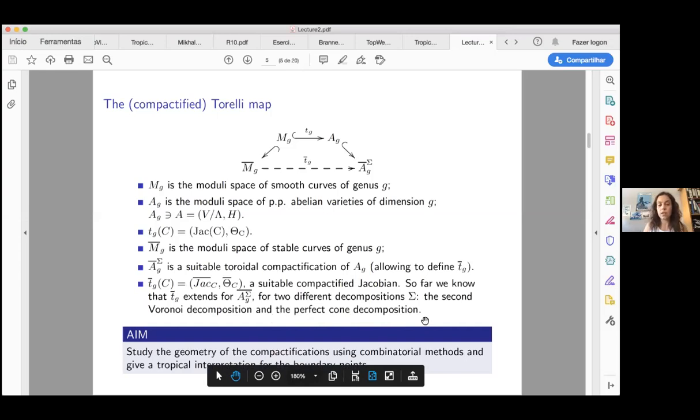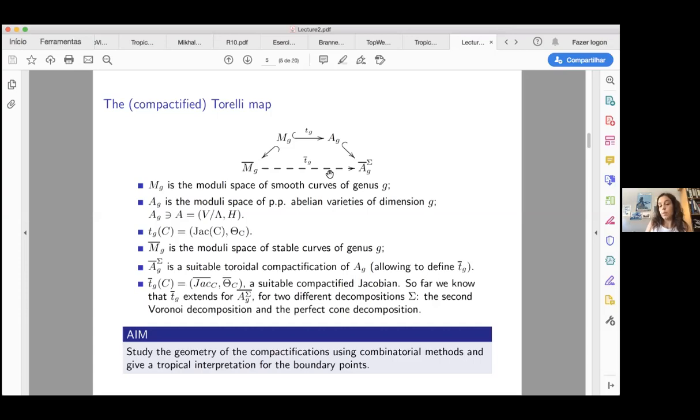The aim of today's talk is to study the geometry of the compactifications using combinatorial methods and give tropical interpretations for the boundary points, as I mentioned in the keywords. The idea is to give a tropical version of the downstairs of the map down here. We already gave a tropical interpretation for the left-hand side. So the idea is to give a tropical interpretation for the right-hand side and for the map, and make sense of the map.